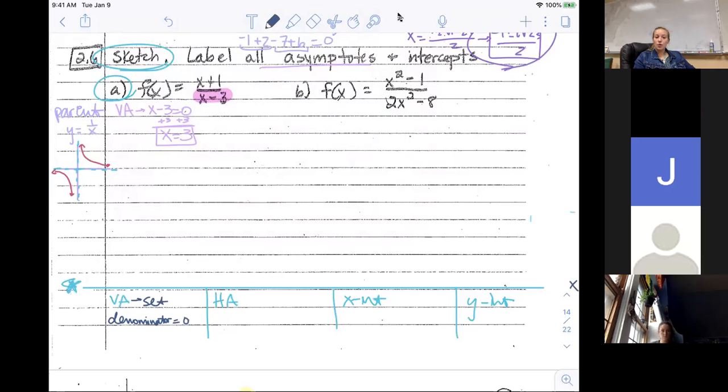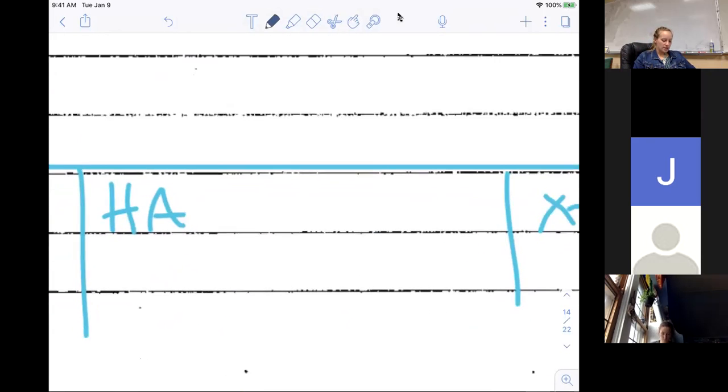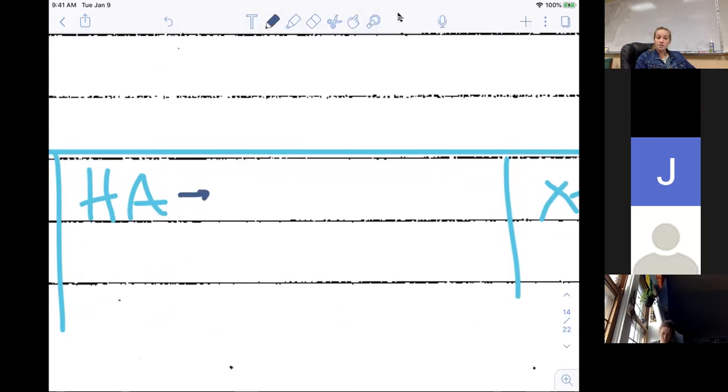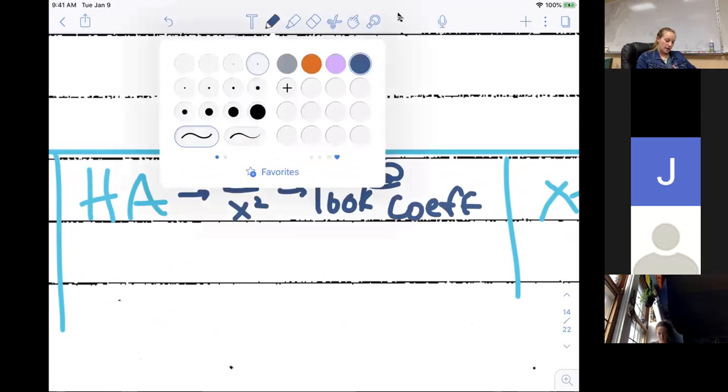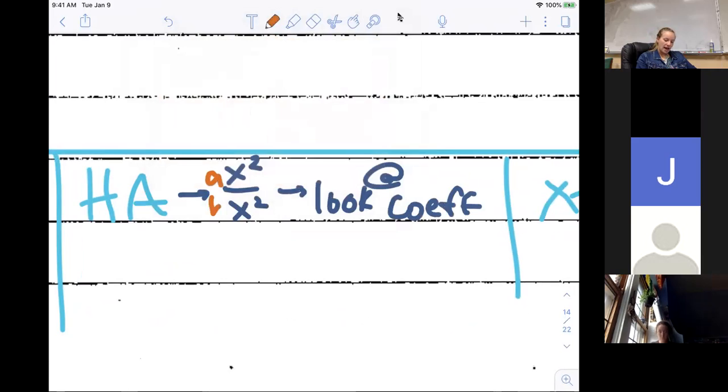The next thing is the horizontal asymptote, and this is the hardest one because there are multiple steps to know. So horizontal asymptote depends on your exponents. You could have the exponents be the same. If my exponents are the same, then we look at the coefficients and make a fraction. Let's just use A and B as numbers.